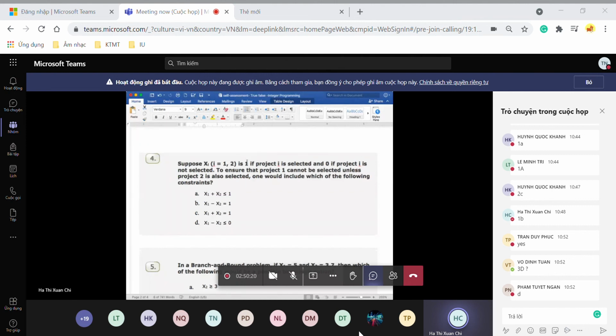So x equals 1 if the project is selected, equal 0 if the project is not selected. To ensure that project 1 cannot be selected unless project 2 is also selected, which one includes the following constraint?